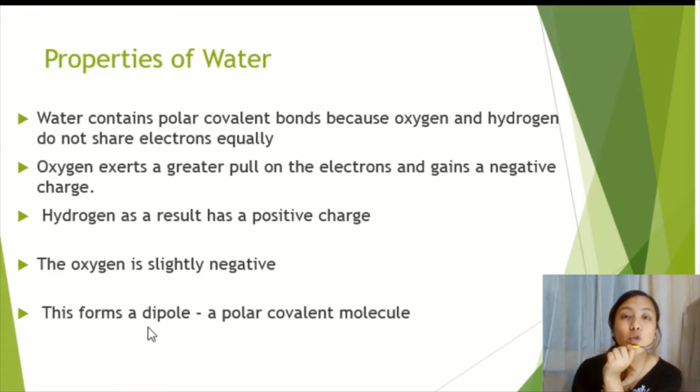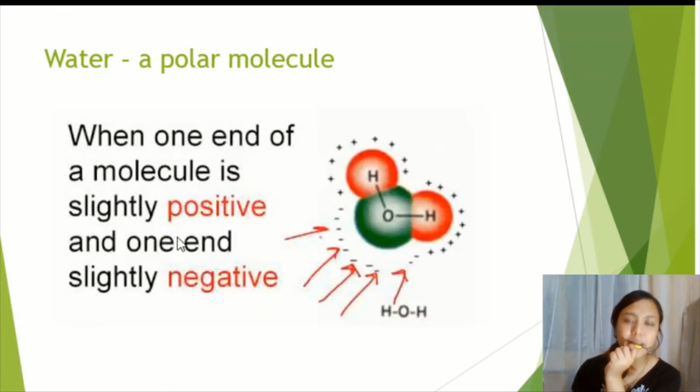So it has two poles, thus calling water polar. Polar, it has poles, a point on each end. Let's see an image of water. As you can see, you have two poles. You have a pole that is positive and you have a pole that is slightly negative.